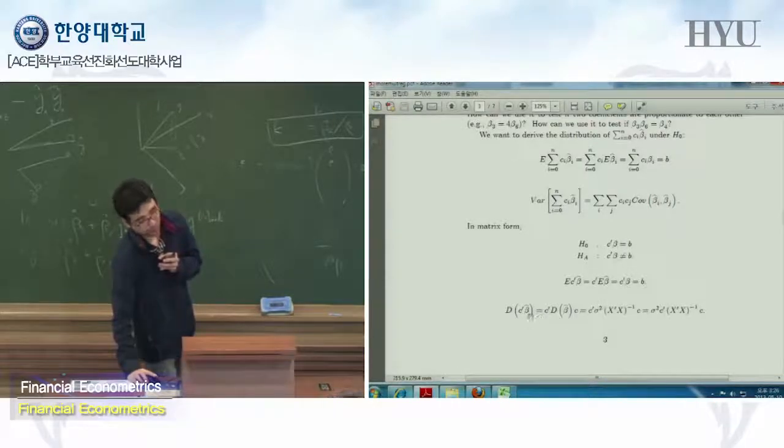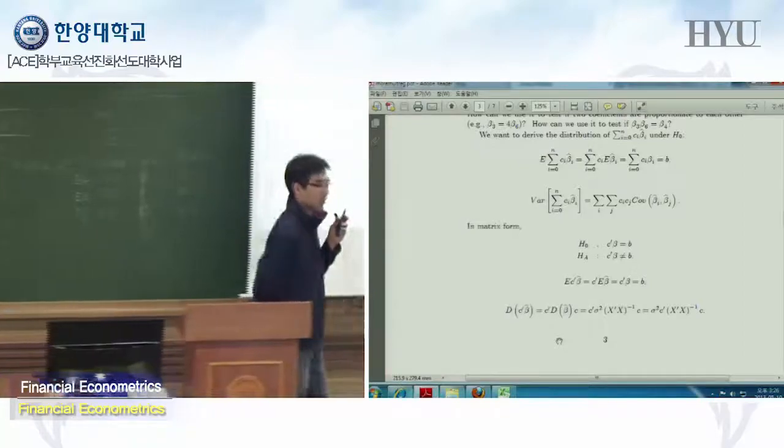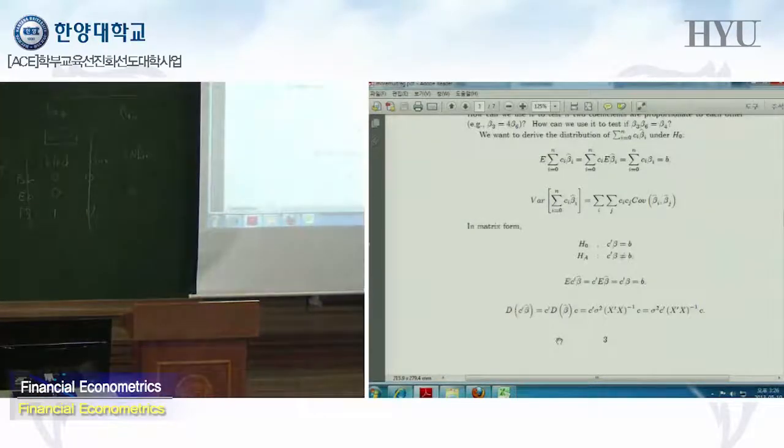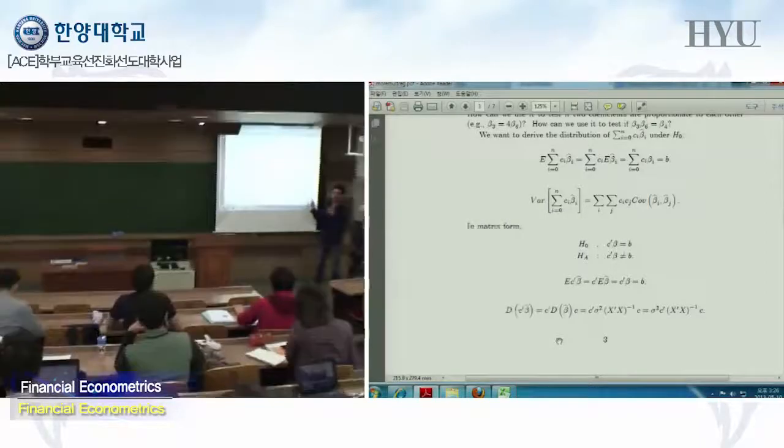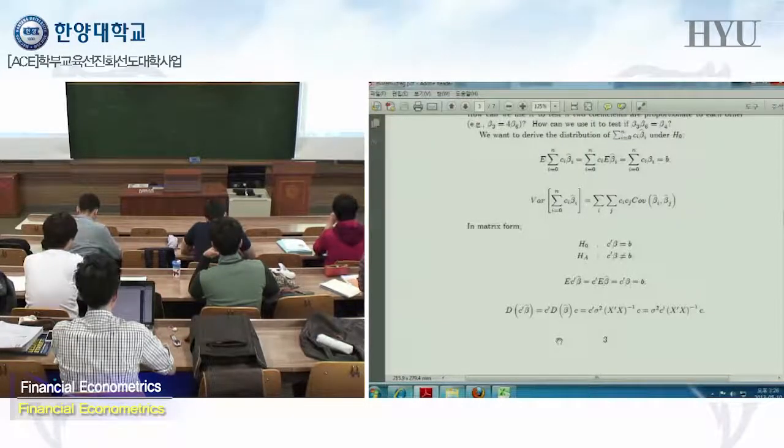And about the variance covariance matrix of this restriction, which is the variance of C prime beta hat, C is constant, so we can put C outside. Then it is C prime times the variance of beta hat times C, pre-multiplied and post-multiplied. And of course, the variance covariance matrix for beta hat is sigma square X prime X inverse.